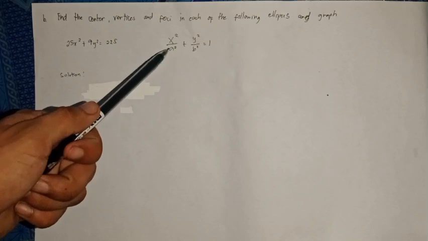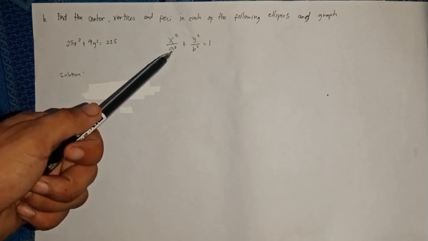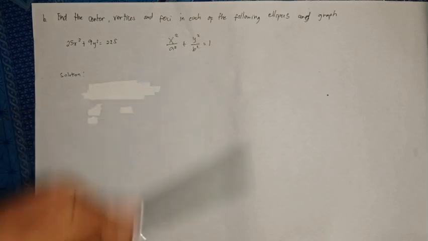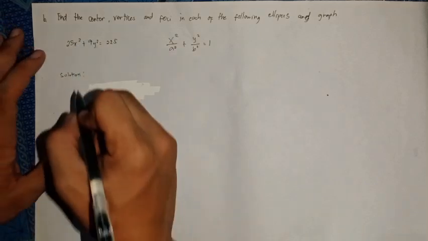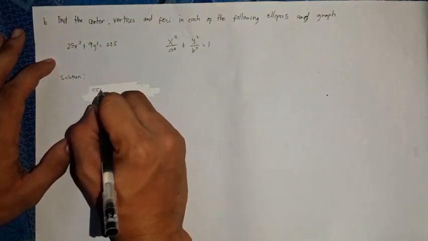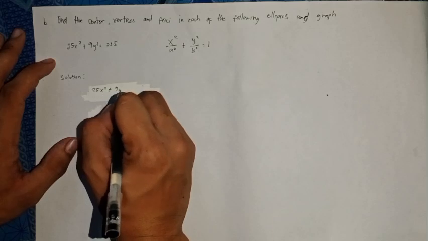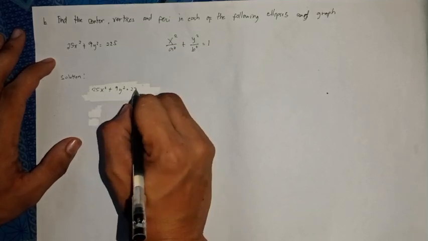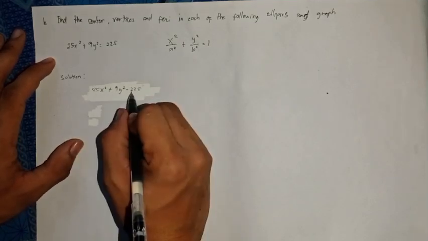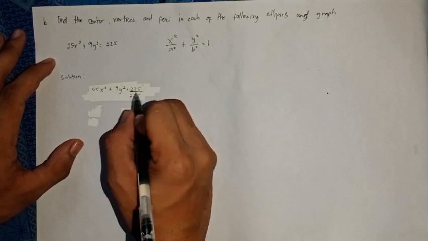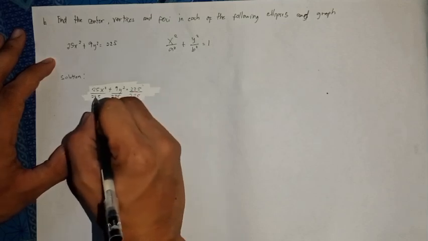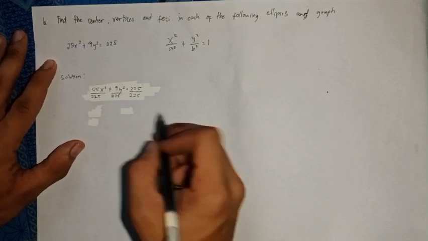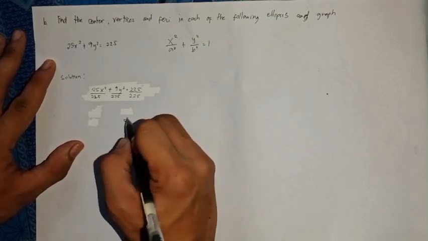The standard equation of an ellipse is x squared over a squared plus y squared over b squared equal to 1. Now, to make this equation into that form, let's copy the solution. 25x squared plus 9y squared is equal to 225. Now, let's divide both sides by 225. 225 divided by 225 is equal to 1.